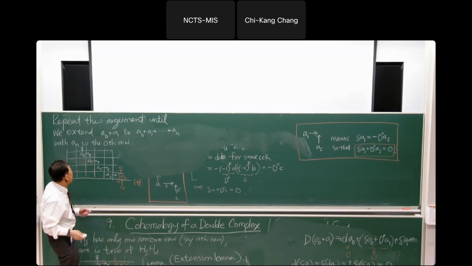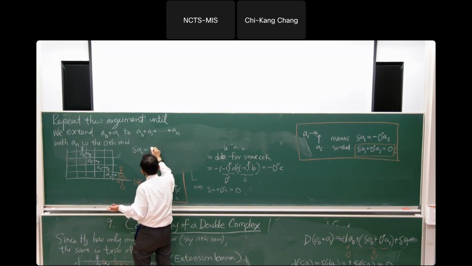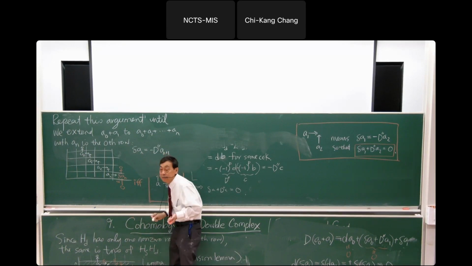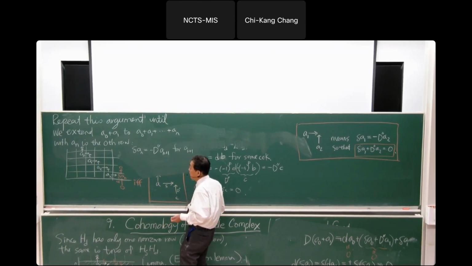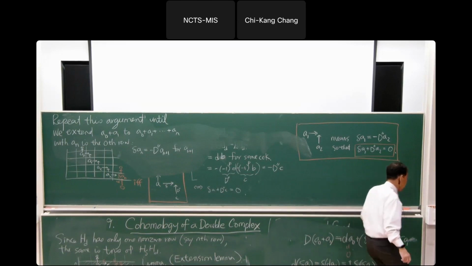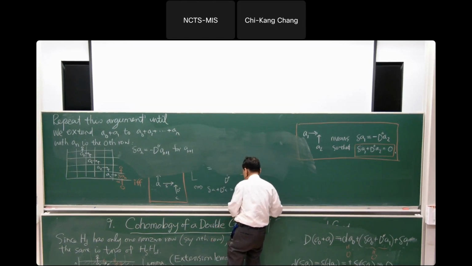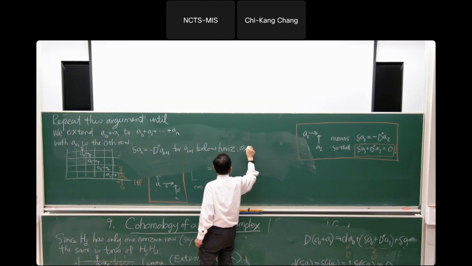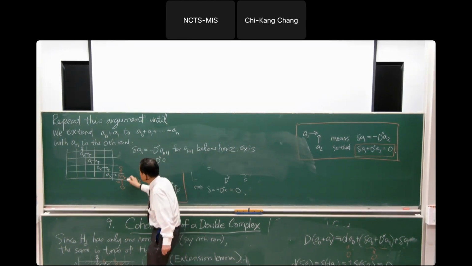So delta AN is equal to minus D double prime of AN plus 1, below the horizontal axis, and so AN plus 1 has to be 0. And that means delta AN is 0.